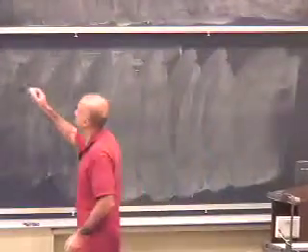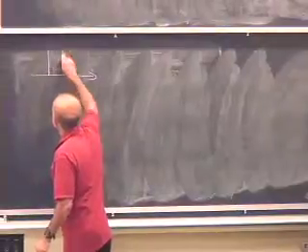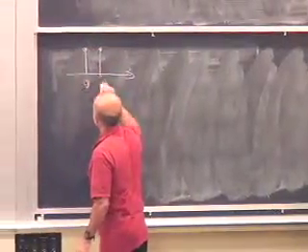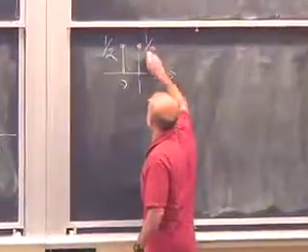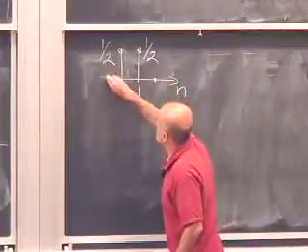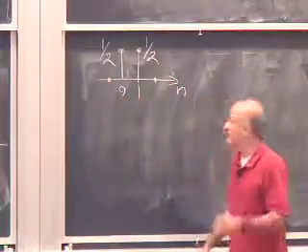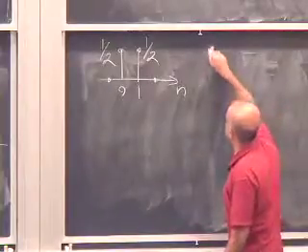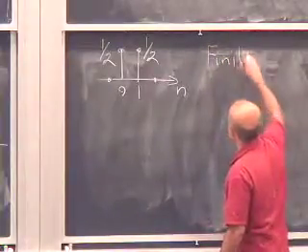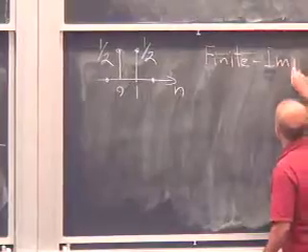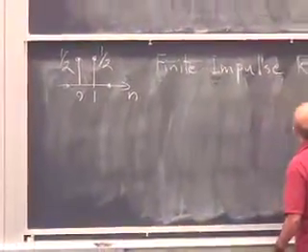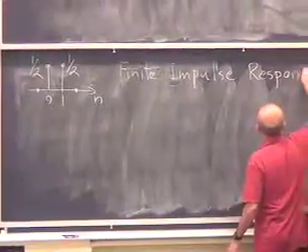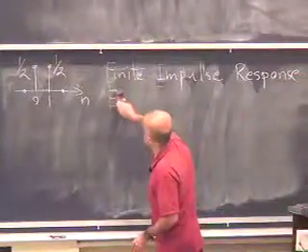So here I had a 2-point moving average. 1/2, 1/2, okay, with 0 everywhere else. By the way, I use the term finite impulse response. Some books use finite duration impulse response.